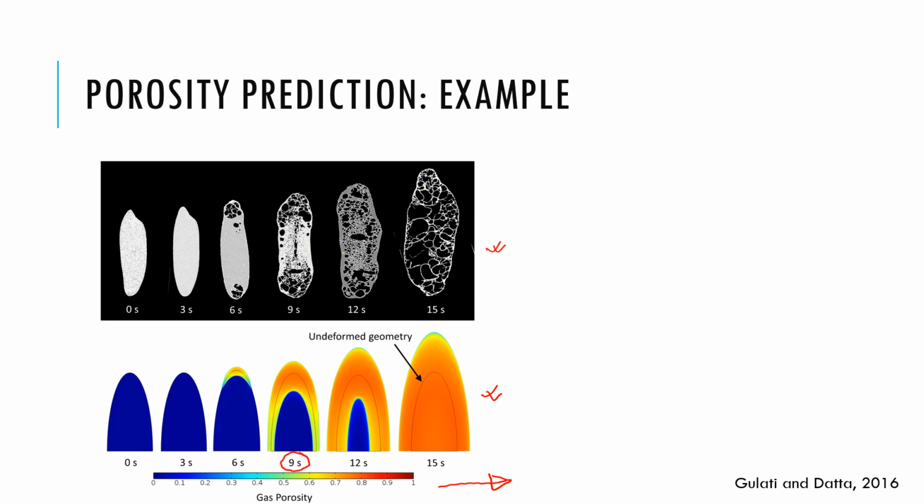If we look at, let's say, the 9-second data, the mechanistic description can pick up not just over time but within the rice grain where things will puff first. So at 9 seconds it shows high porosity near the corner, and it's the same for the experimental result.